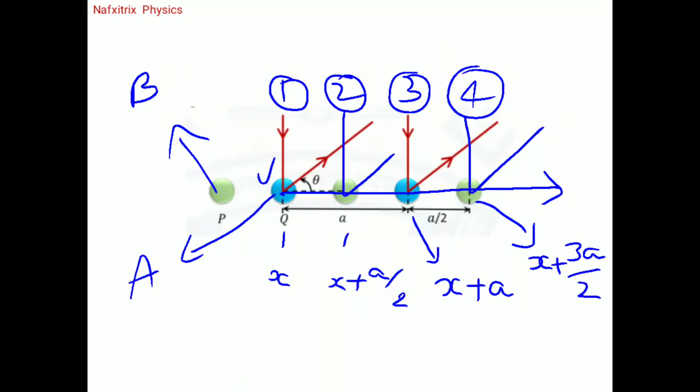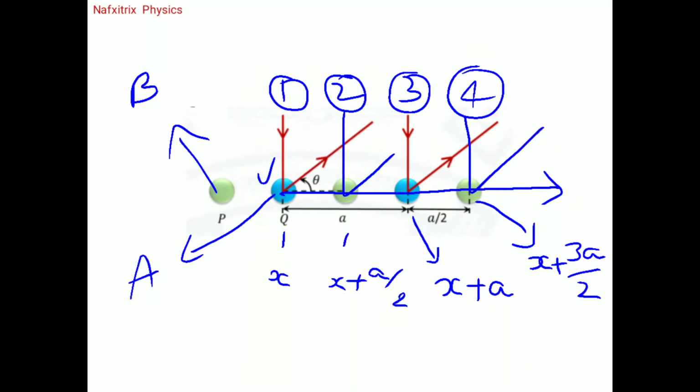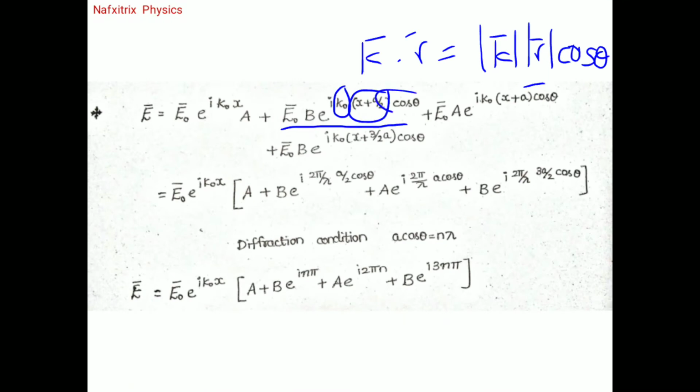From the diagram, this is the direction of the scattered light, and this is the direction of the x-axis. The angle between them is theta. Position vectors are taken in this direction and scattering is in this direction, so the angle between both of them is theta, hence cos theta.